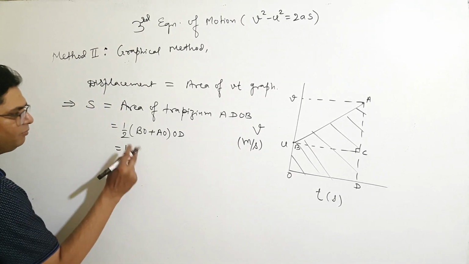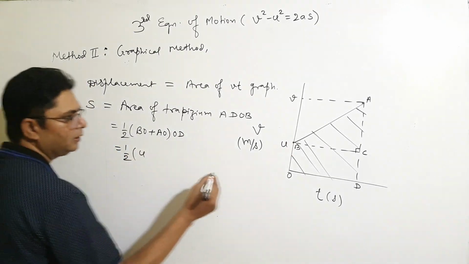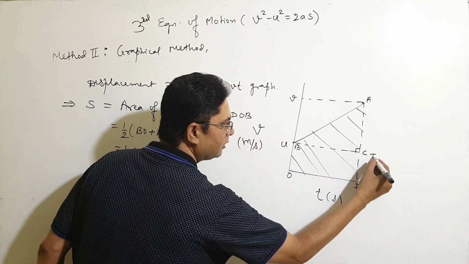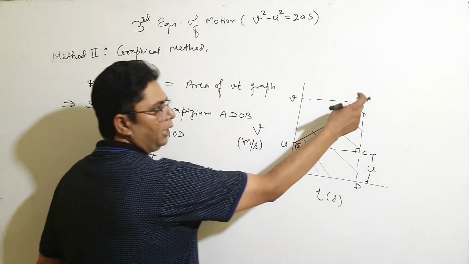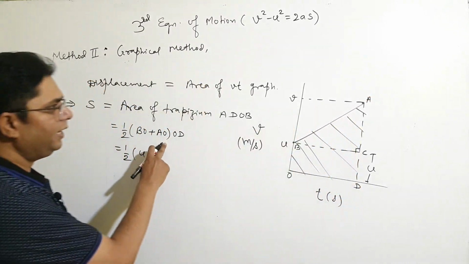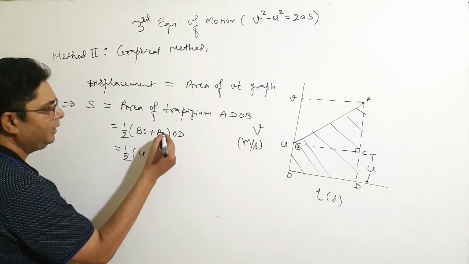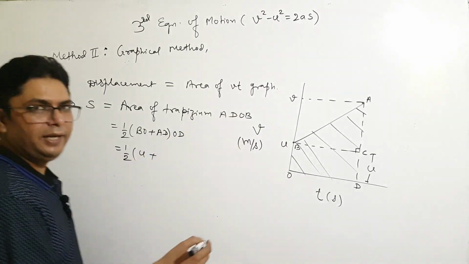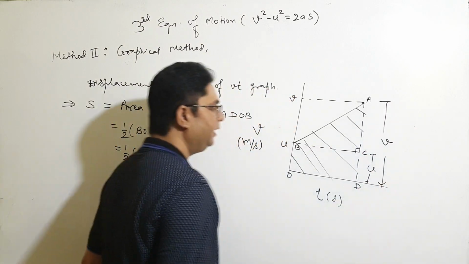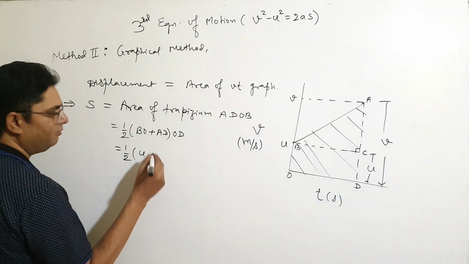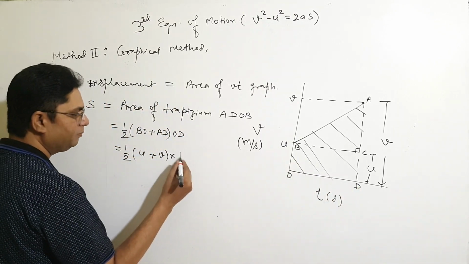Now here it is half, BO is u, and AD is v, and OD is t.